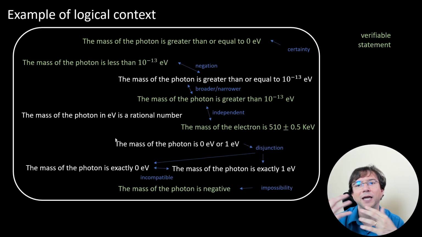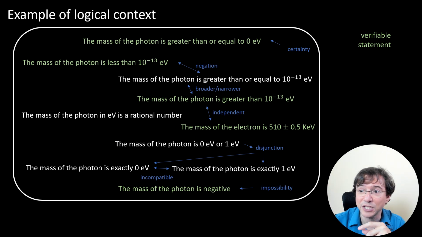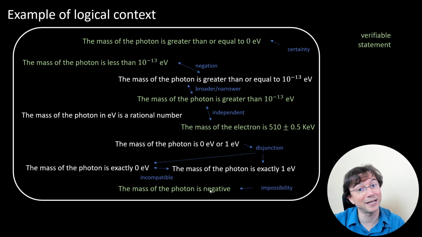And so again, if we look at our example of logical context, now not only do we have this relationship, but we can tag in green all the statements that are verifiable. Something like the certainties and the impossibilities, we said they are verifiable. Something that has an error bar, like less than 10 to the minus 13, is verifiable.